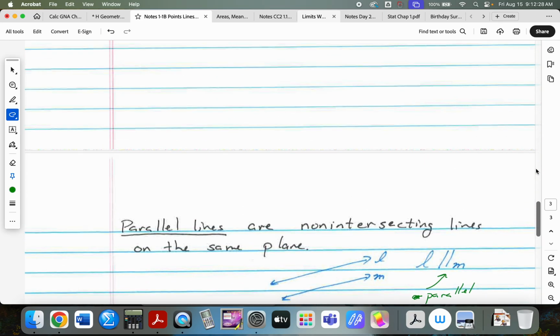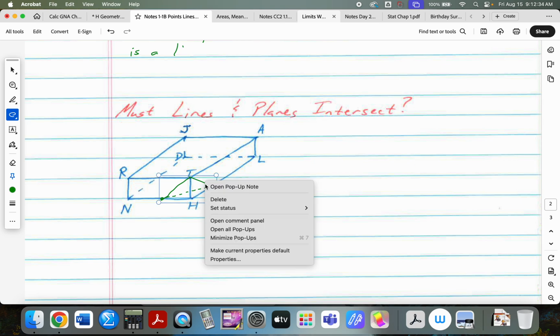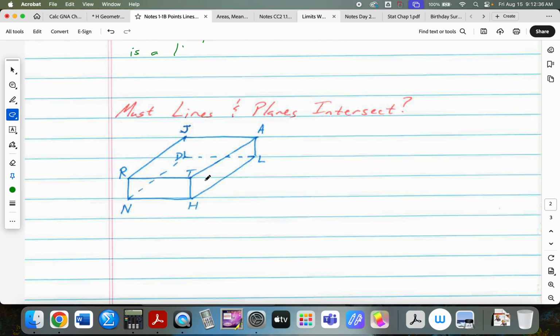Or, going back to this diagram up here, you can see parallel planes in that, right? For example, plane THA, which would be this whole plane over here, and plane RND, this whole plane over here. Those are parallel planes. Okay? Any questions about that?